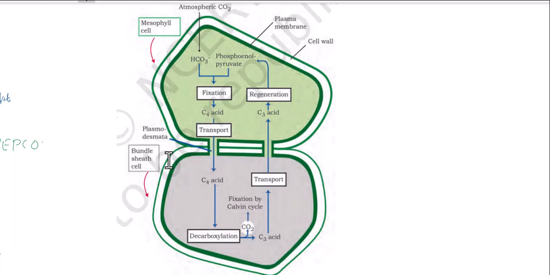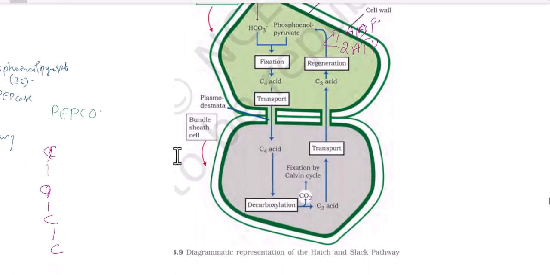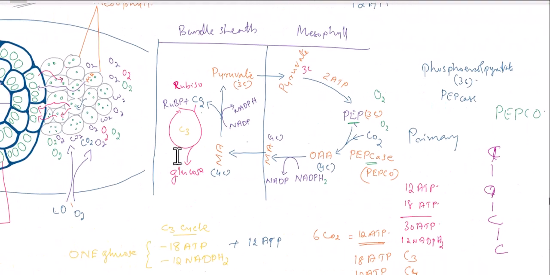Here decarboxylation occurs for malic acid, then fixation through the Calvin cycle, then C3 acid, that is pyruvic acid, is transported back into the mesophyll. Again phosphoenol pyruvate is regenerated. For that process 2 ATP is needed, and 2 ATP get converted to 2 ADP. So that is the overall process. You need to go through this diagram also.